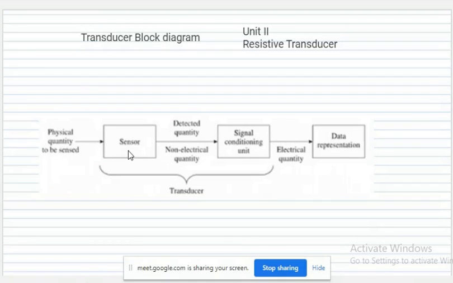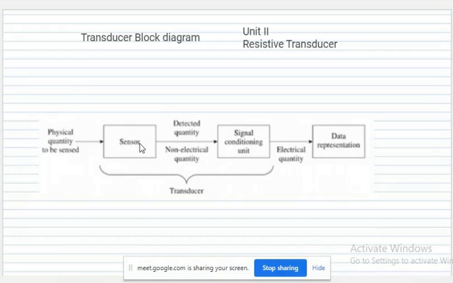Whatever data we want to extract from the environment, we first need to think of designing the corresponding sensor. So the data fetcher is nothing but our sensor. Always remember this, don't forget. This is the first component.